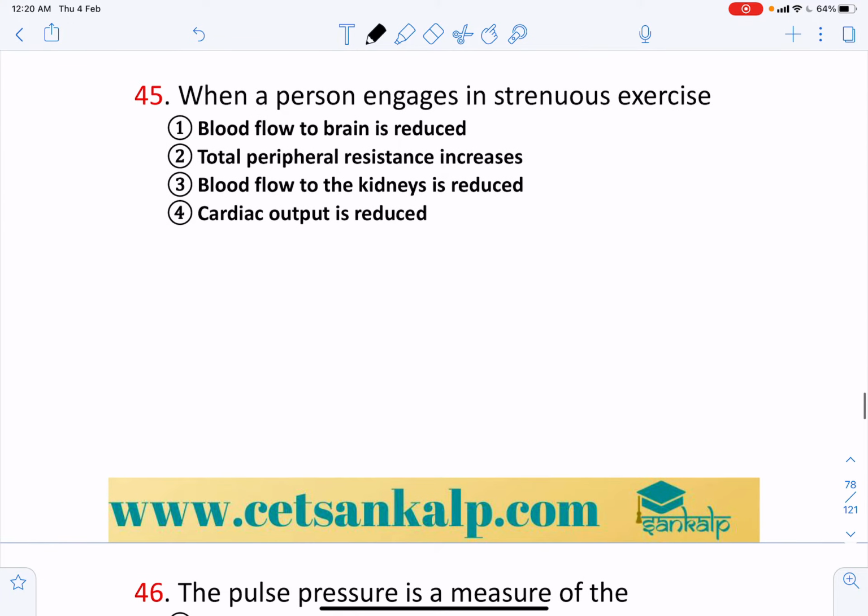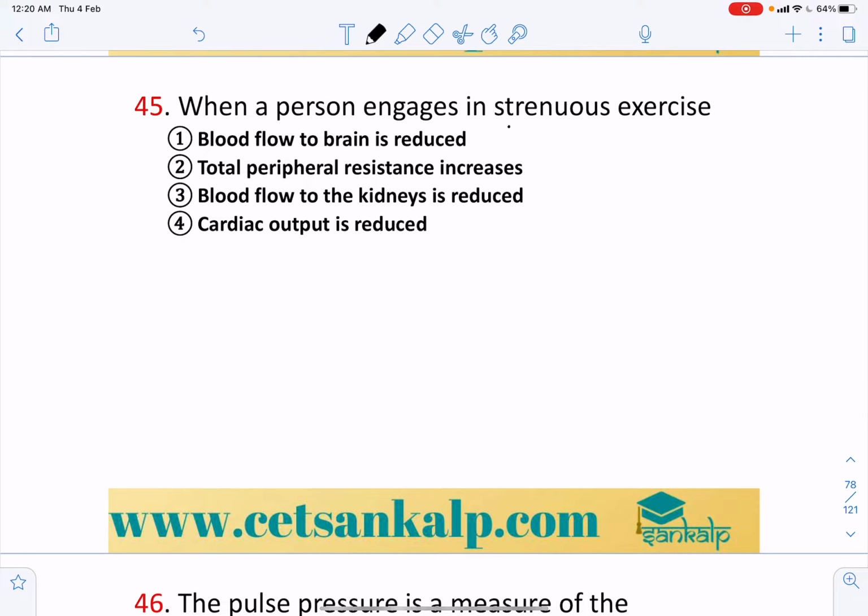Next, when a person engages in strenuous exercise, that is vigorous aerobic exercise, what happens in this case? When a person is doing more exercise, the blood flow generally enhances, it increases, right? And here the total peripheral resistance increases.